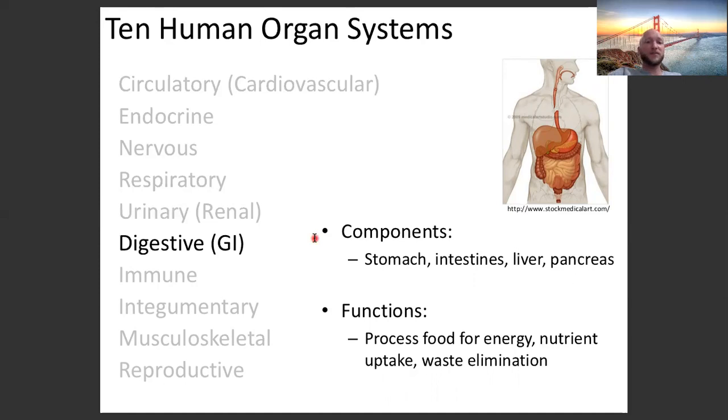Gastro refers to the stomach, and intestinal is your intestines. Break the words down, know the components of the words, please. Components: stomach, intestines, liver, and pancreas. Function: process food for energy and nutrient uptake, and also waste elimination.